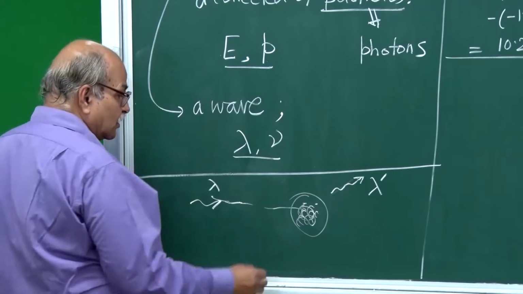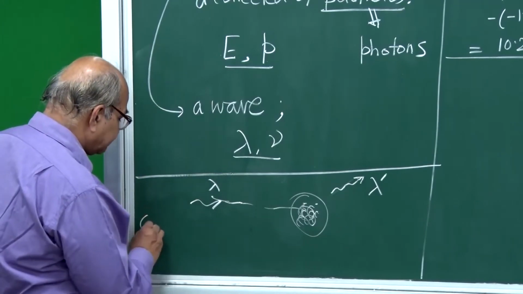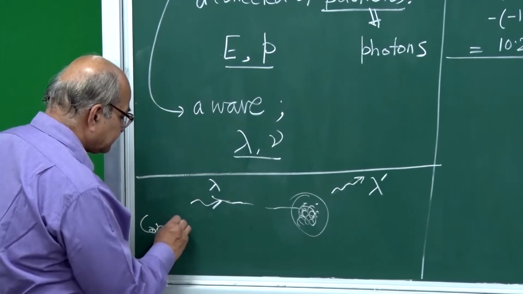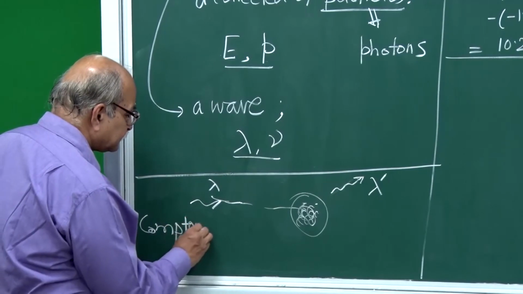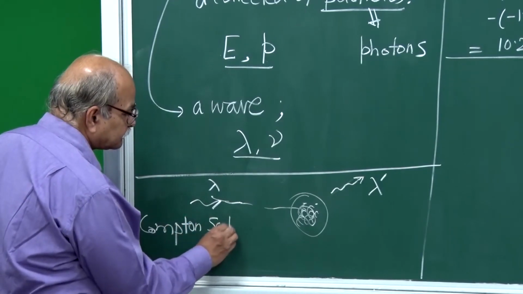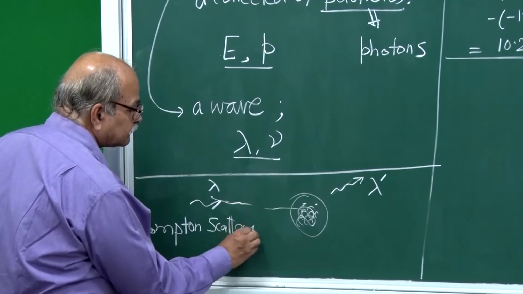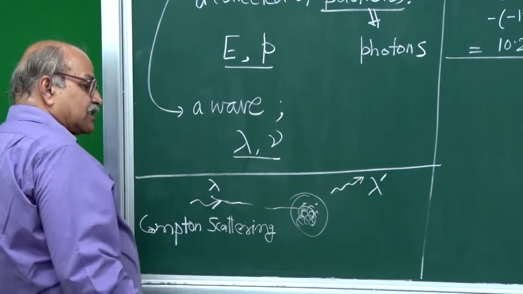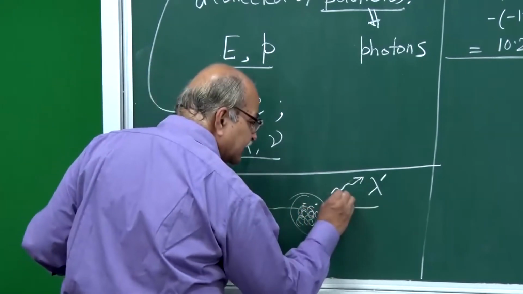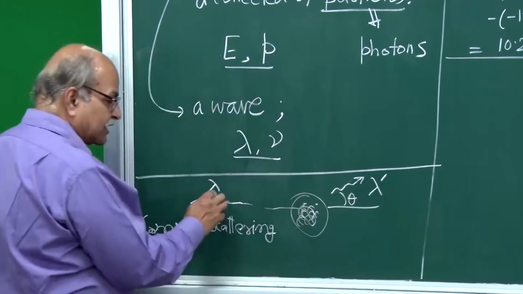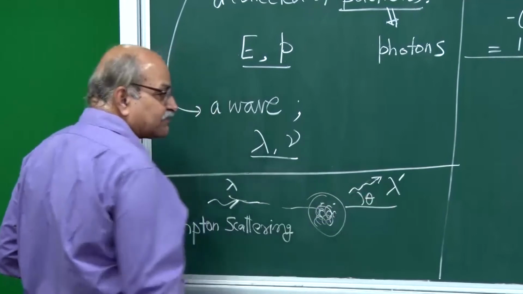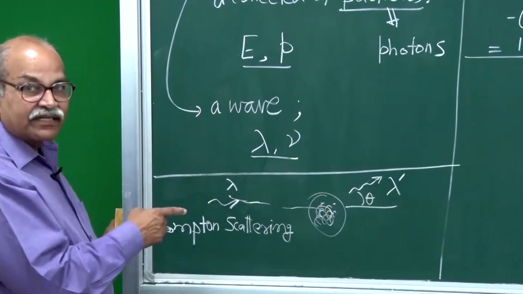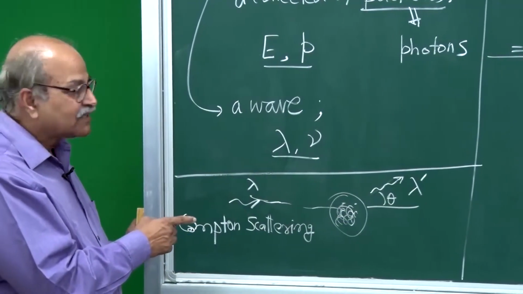This is known as Compton scattering. And there is a certain relation between this angle theta and the difference between lambda and lambda prime.